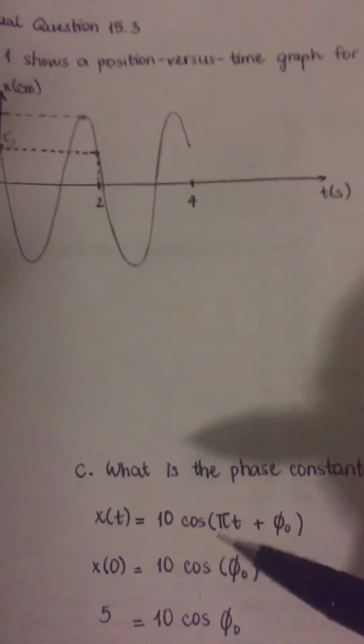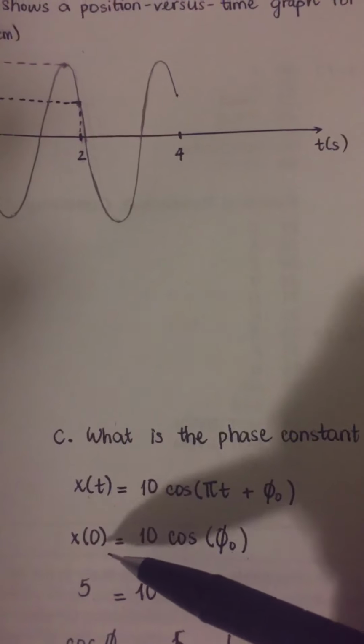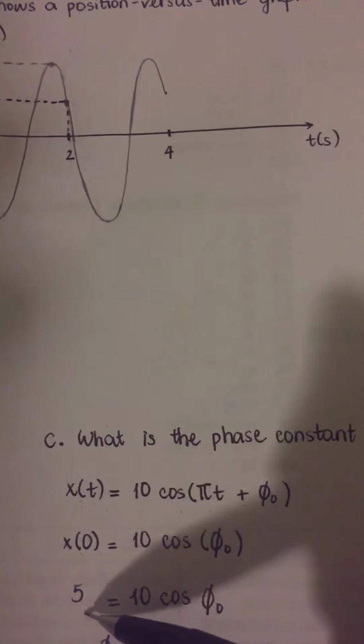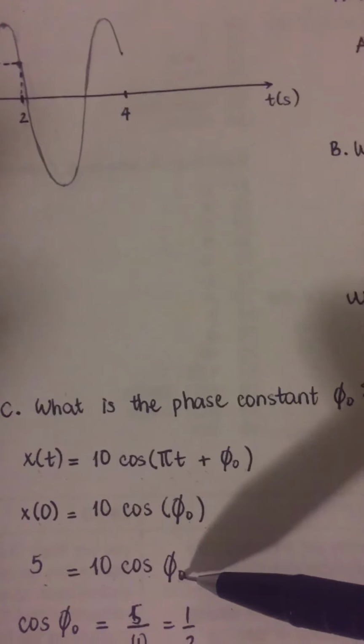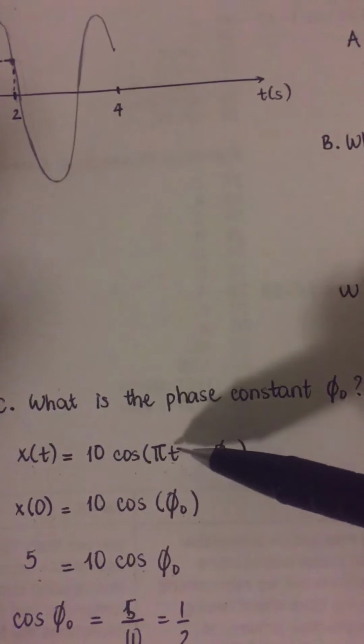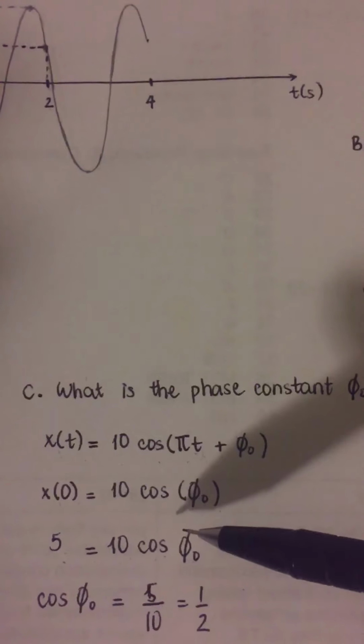So we have our numbers, just plug that in. x of 0 is 5, so 10 times cosine of phi naught, because pi times 0 is just 0.